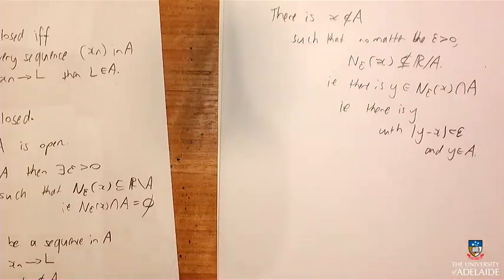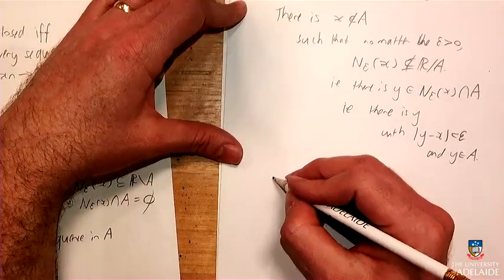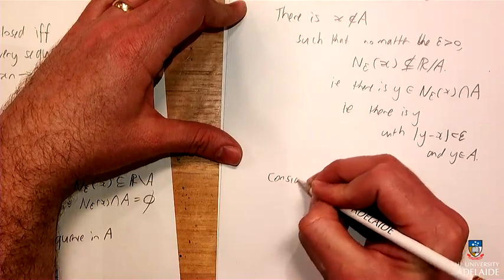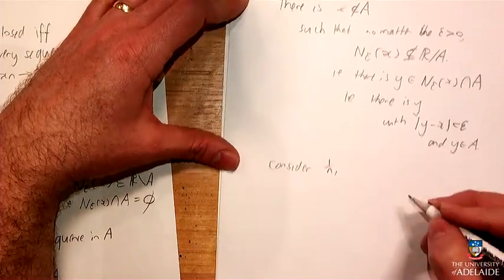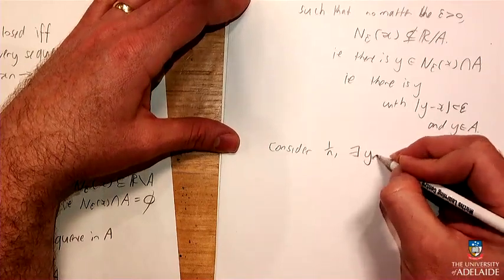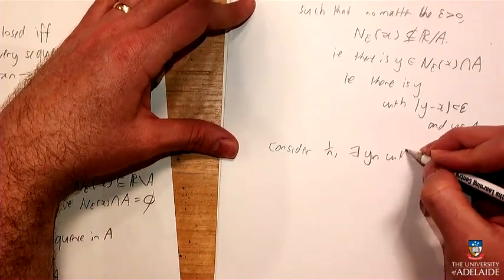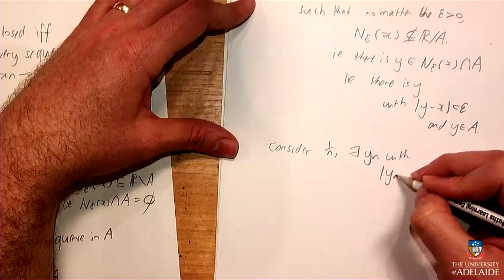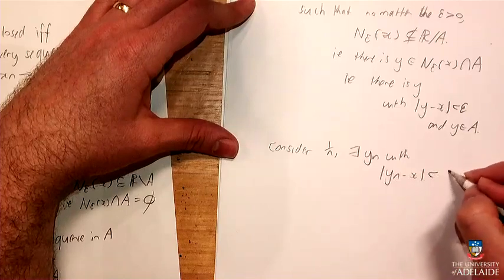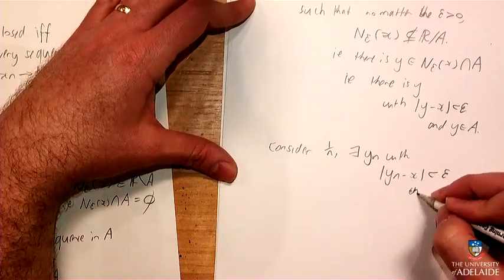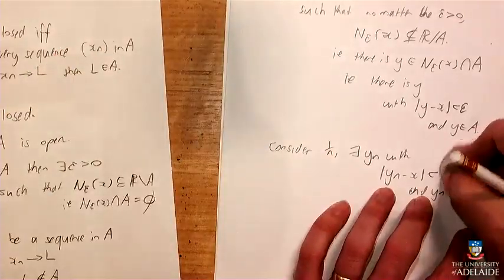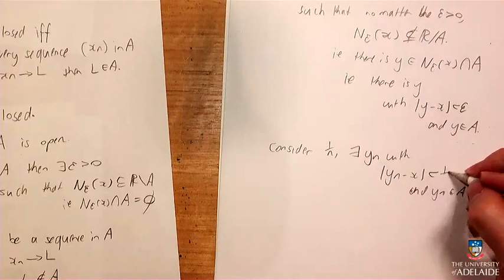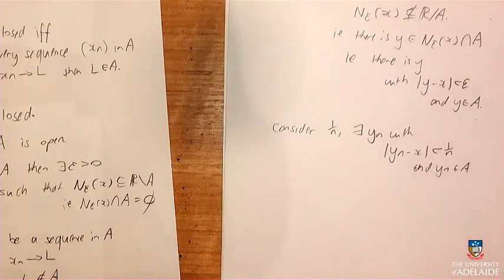So what I'm going to do is I'm going to say, consider 1 on n. We know there exists a yn with the distance between yn and x being less than 1 on n, and yn is in A. And so we'll make a sequence out of those.